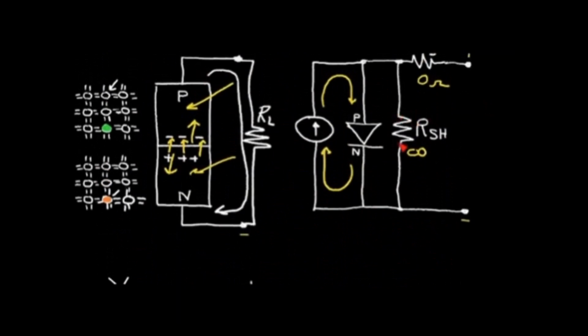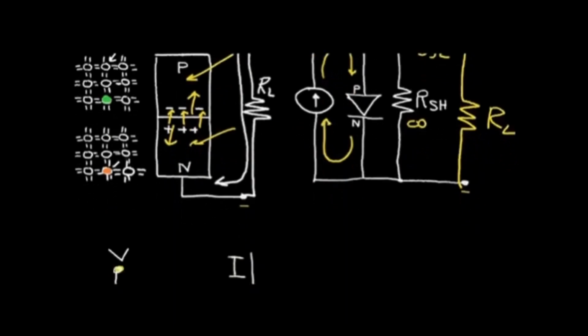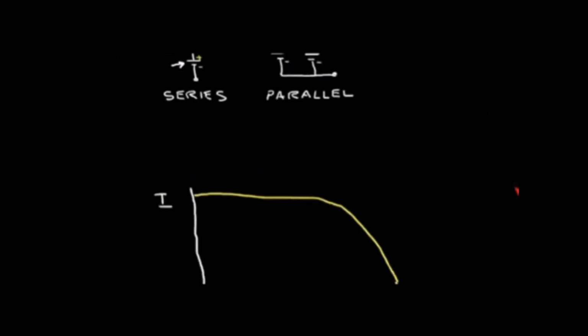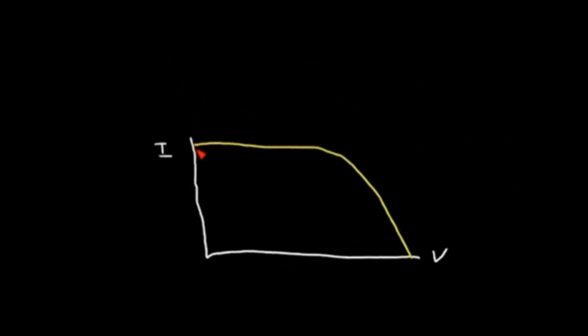As this shunt resistance becomes smaller, more current is diverted into the shunt resistance and less power is available for our load resistor out here. So as the shunt resistance becomes smaller, this curve tends to shift this way.